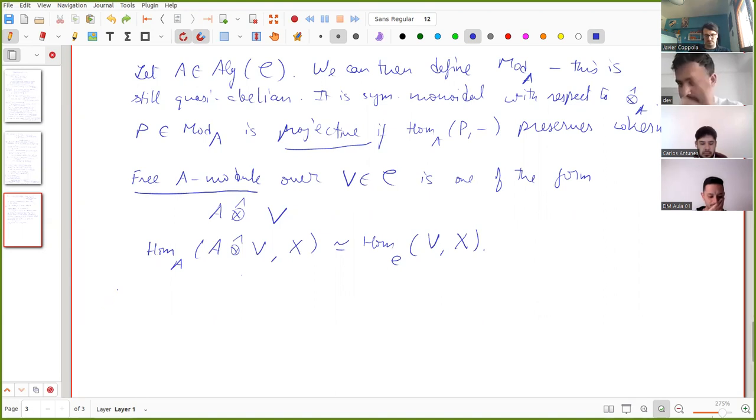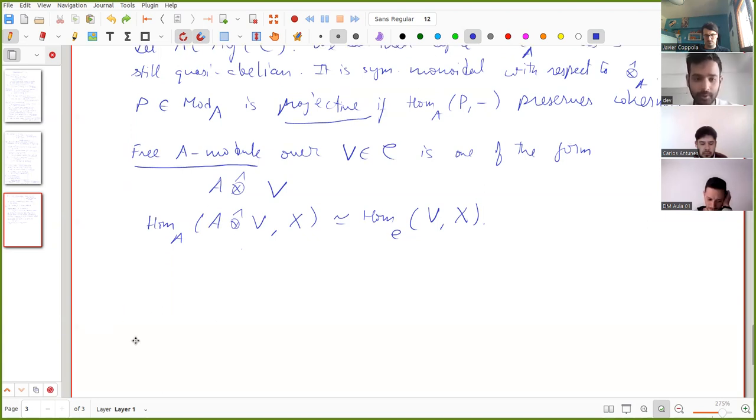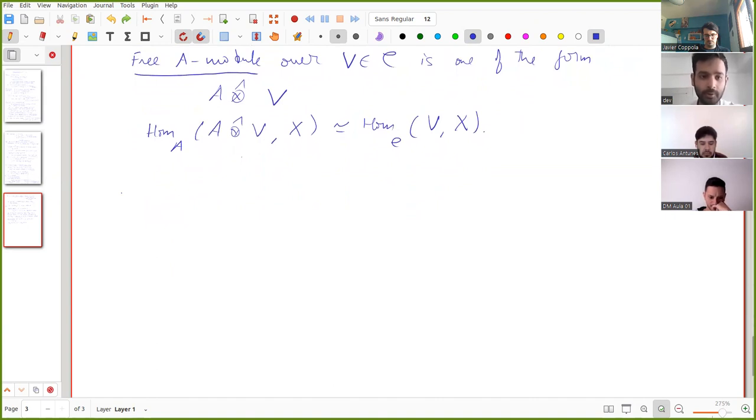Right, so now that we have the basic homological algebra set up in quasi-abelian categories, let's now get back to the original problem, which was these homotopy epimorphisms.